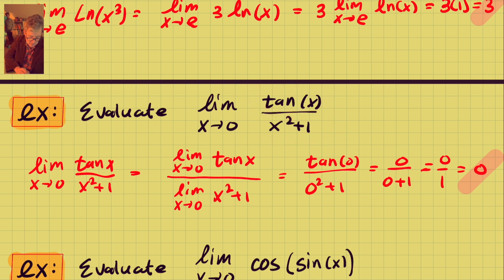We move the limit into the numerator and into the denominator, and we have the limit as x approaches 0 of tangent of x divided by the limit as x approaches 0 of the polynomial x squared plus 1. We can just evaluate these, right? 0 is in the domain of the tangent function, and the polynomial is defined everywhere. So we get tangent of 0 over 0 squared plus 1, so 0 over 0 plus 1. So just 0.